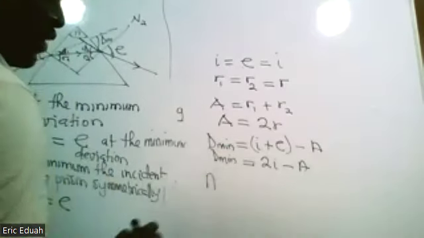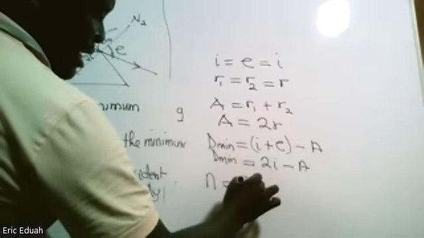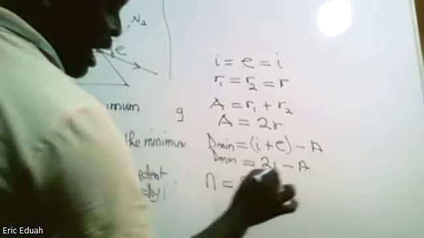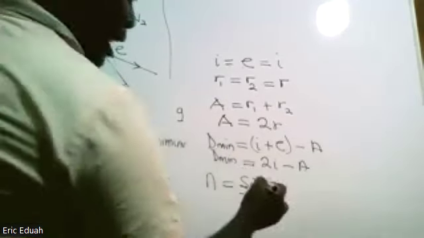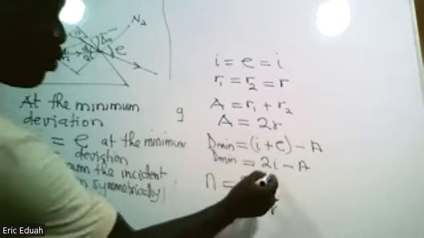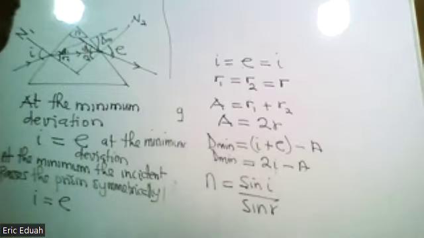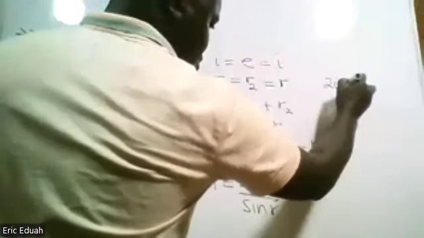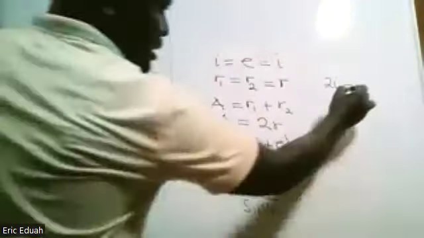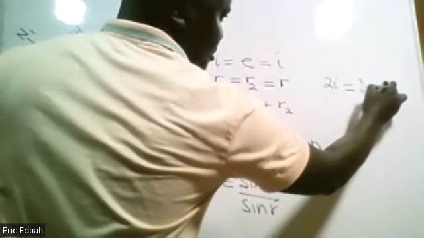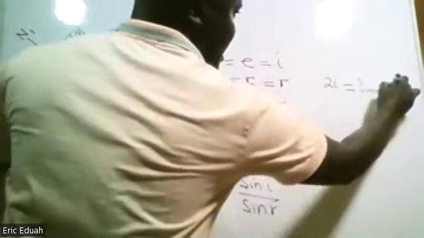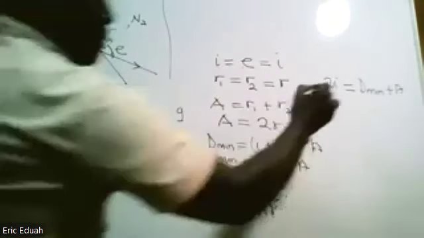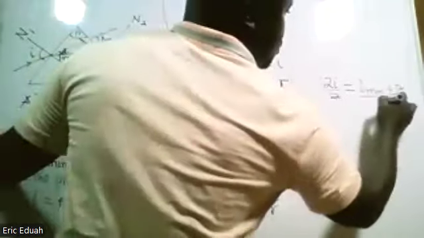We are saying the refractive index is equal to sine I over sine R. Now, at the minimum deviation, when we make I the subject from this, we have 2I equal to D minimum plus A, divided by 2.